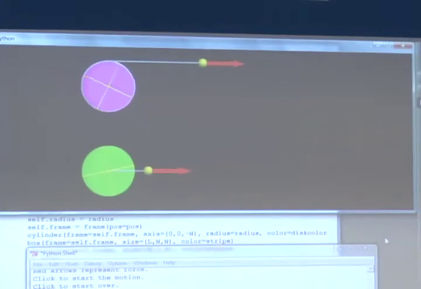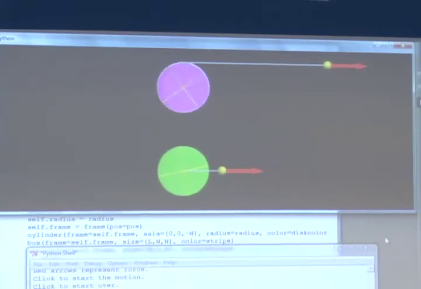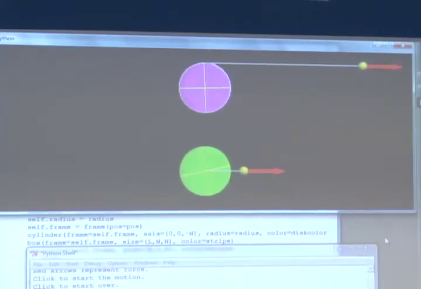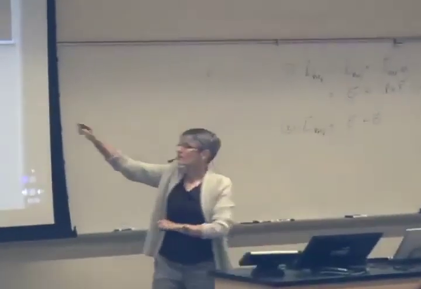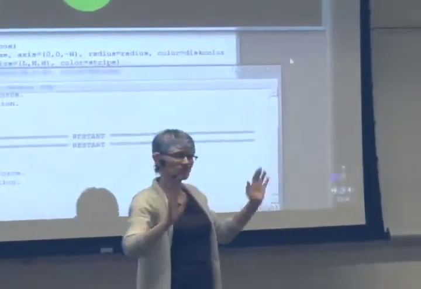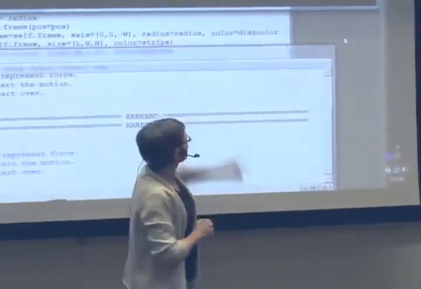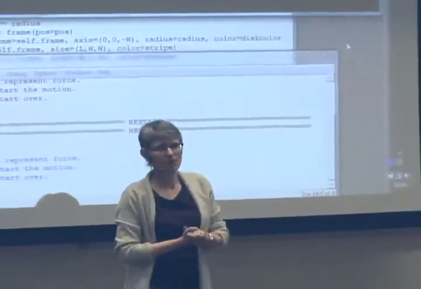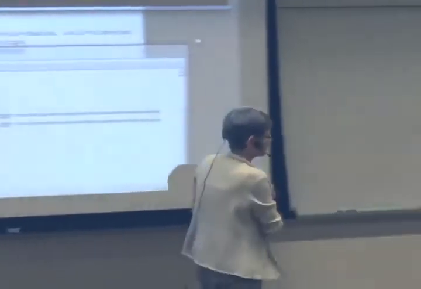The yellow dot is your hand. How far is your hand moving? Your hand moved farther for the top puck, didn't it? So you exerted a force F for the same time, but through a greater distance. And the work you did on the bottom puck just went into translational kinetic energy. But the work you did on the top puck was more because it went into translational kinetic energy and rotational kinetic energy.